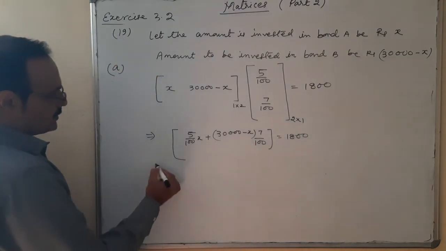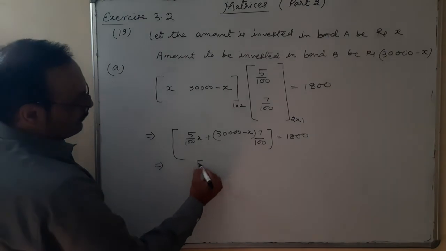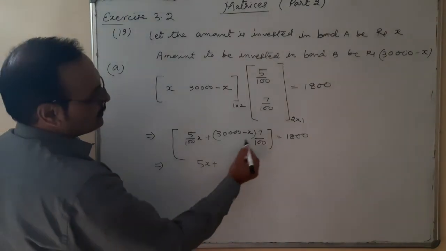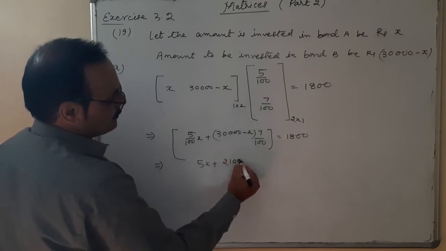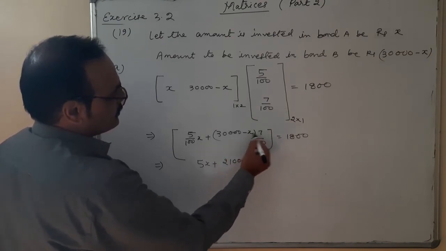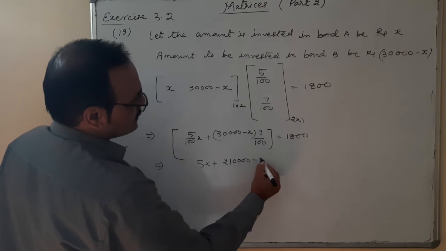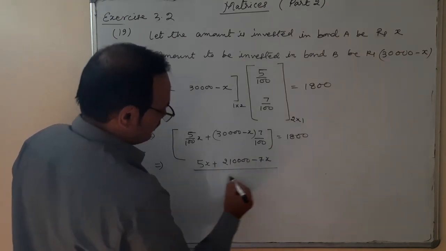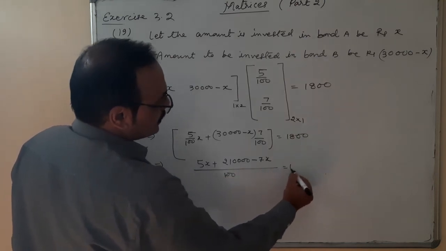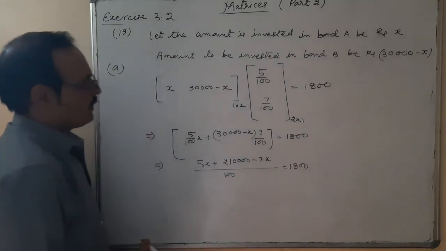Okay, so simplify this. 5x plus 7 times 30,000 is 2,10,000, minus 7x, upon 100, is equal to 1800.